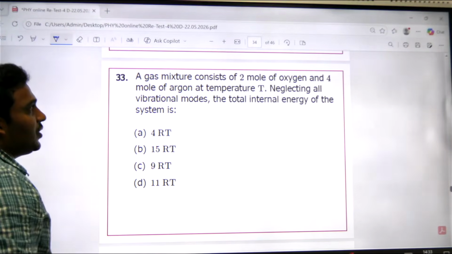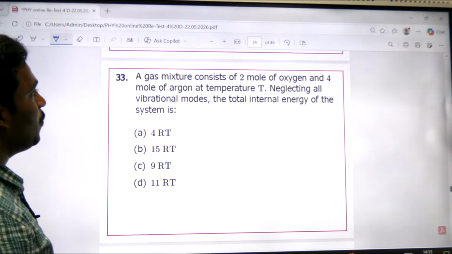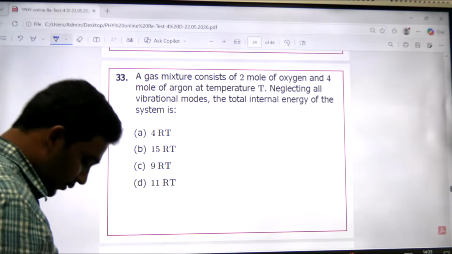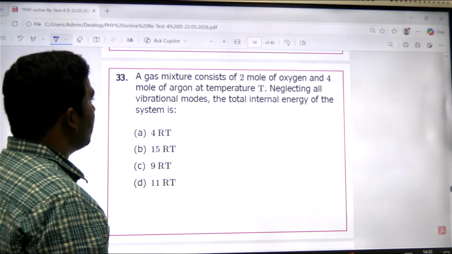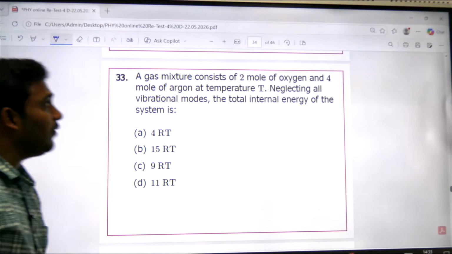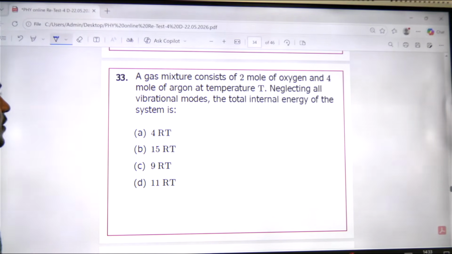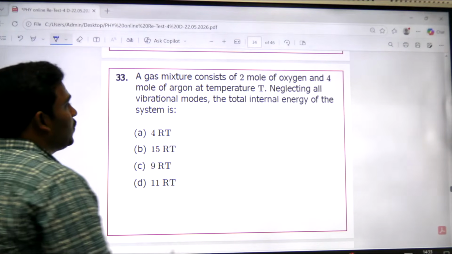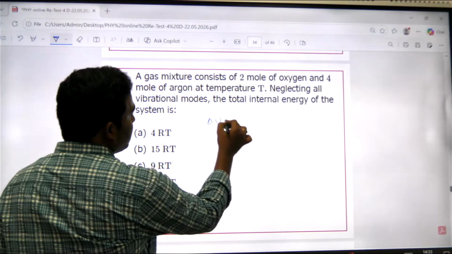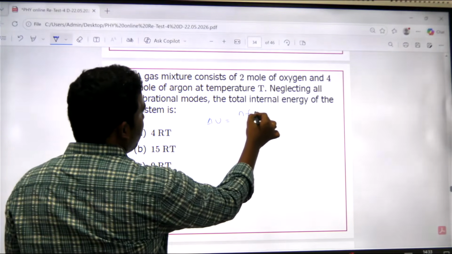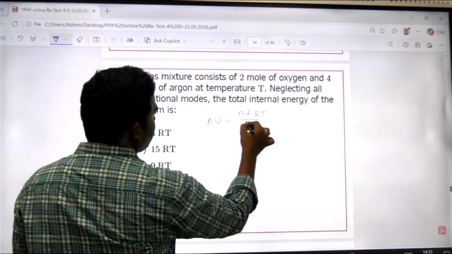Question number 33. The mixture consists of 2 moles of oxygen and 4 moles of argon at temperature T, neglecting all the vibrational modes, no vibrations. What is the total internal energy of the system? Can I simply write the total internal energy of the system as n into f RT divided by 2?